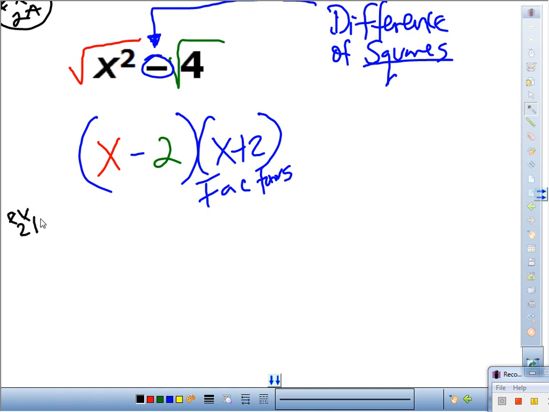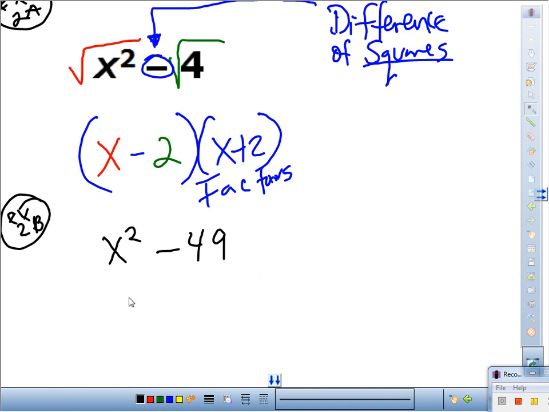Example 2b. X squared minus 49. As soon as you're done copying that one, find me the factors of that one. Let's see.